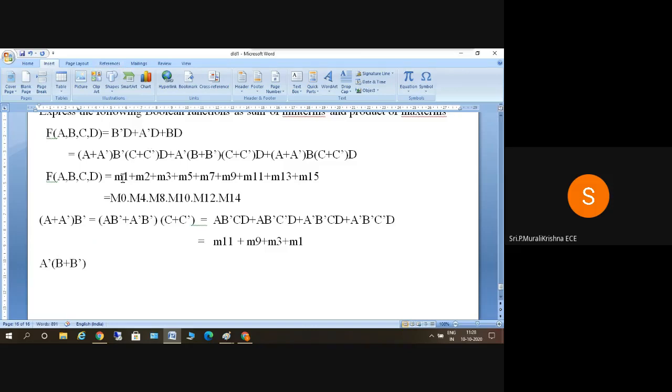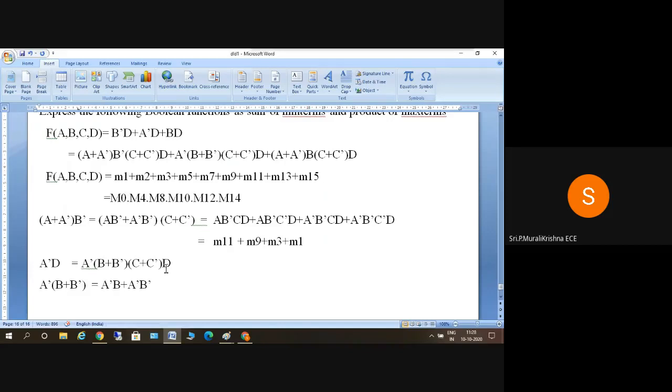The second term. So what is the second term here? So A bar D. So A bar D ni ela రాయించుకున్నాం. So there is no B term and there is no C term. Okay, so first do this. So that is equal to A bar B plus A bar B bar. Okay, so that is done.